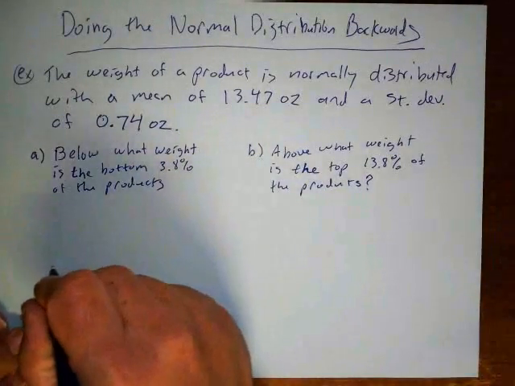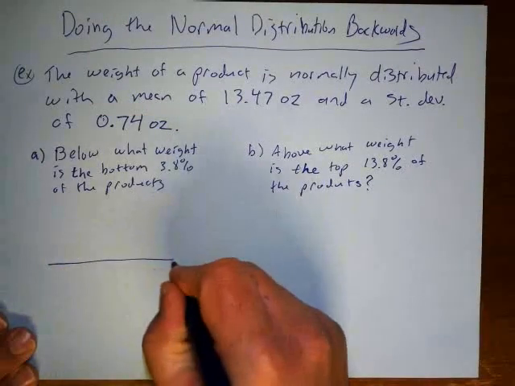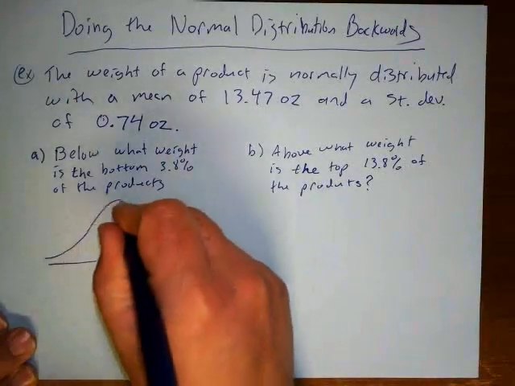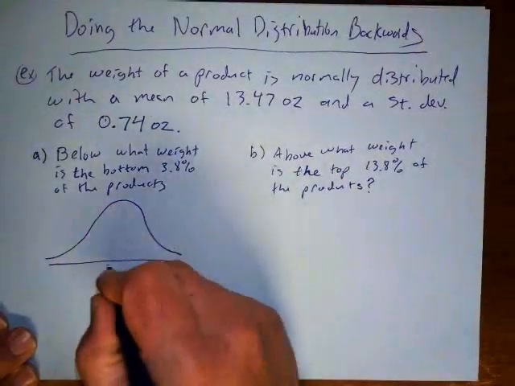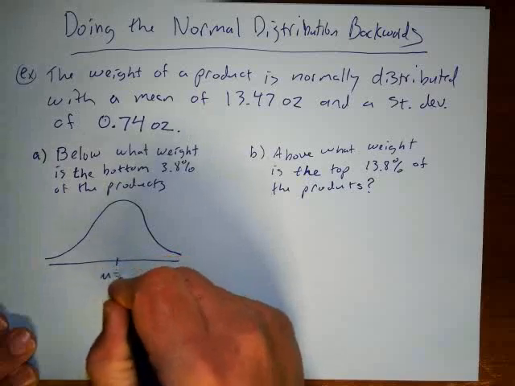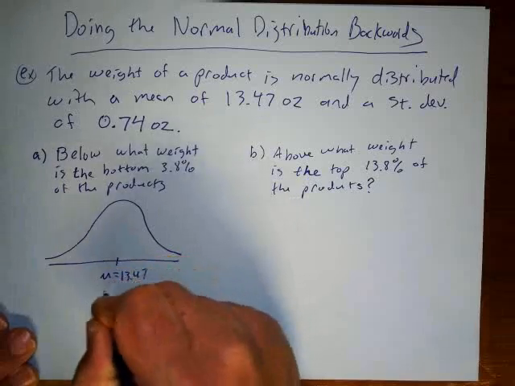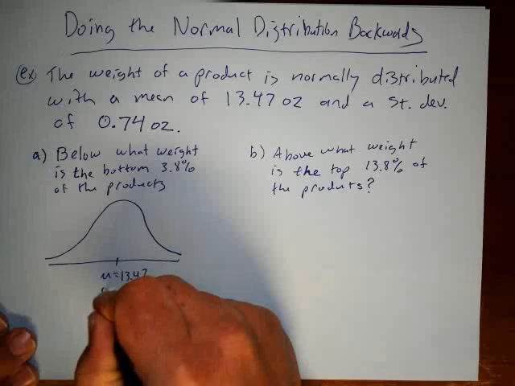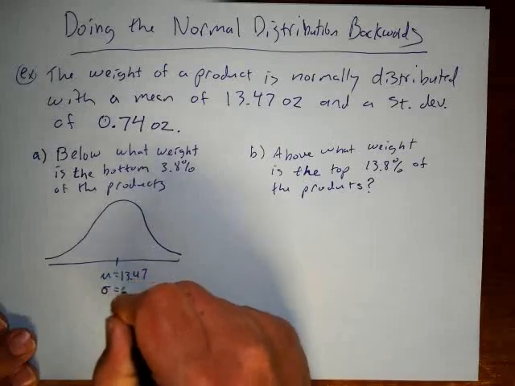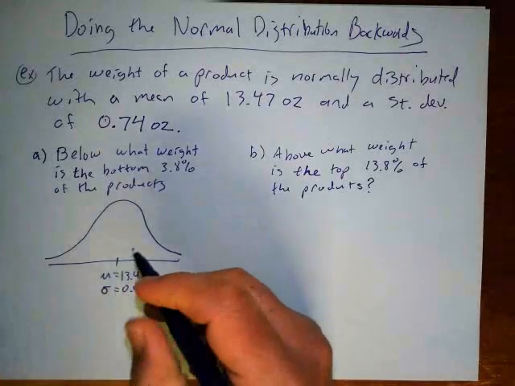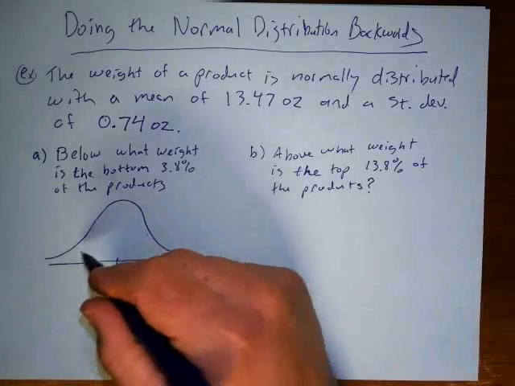So I like to draw a distribution here, and I'll put the mean 13.47 and the standard deviation here is 0.47, and this kind of represents the distribution of all the products.